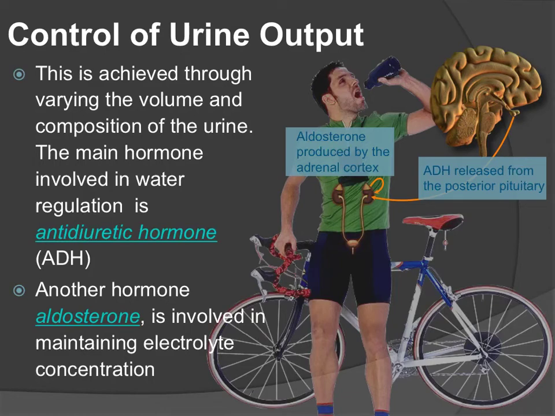This is the second part of the slide, and it's emphasising these two hormones that are involved. Aldosterone was this one here that we talked about previously. It's kind of indirectly involved in water balance, because it directly controls electrolyte concentration.